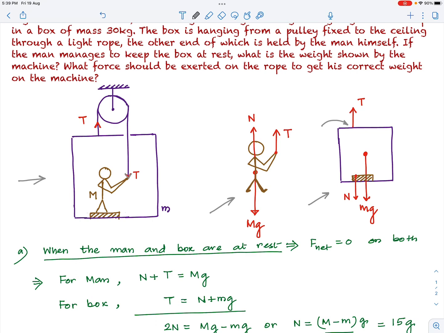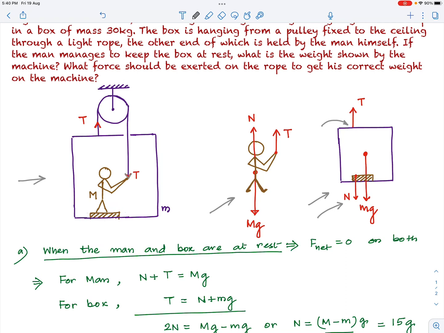So T is acting on the box in the upward direction, and since the weighing machine is kept in the box, we can take it as a part of the box itself, so that the man, as he experiences a normal reaction from the weighing machine, will also exert the same force N on the weighing machine in the downward direction as a reaction to that. And this force N essentially will then act on the box itself. You can take this force as a force acting on the box through the weighing balance, of course.